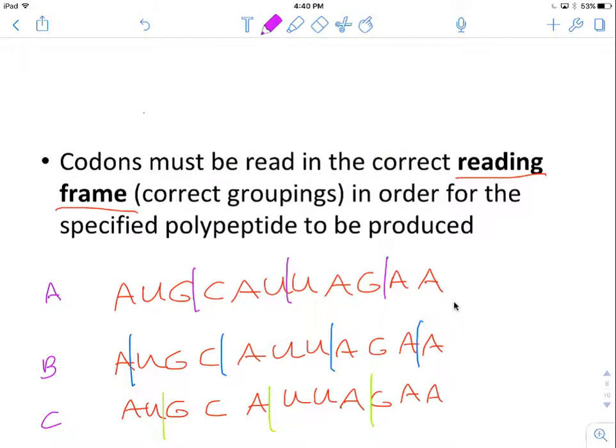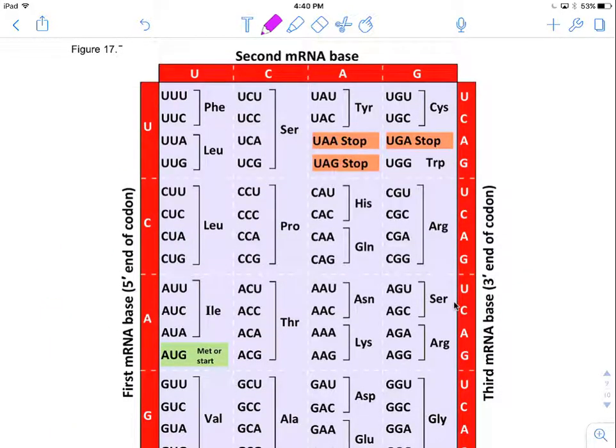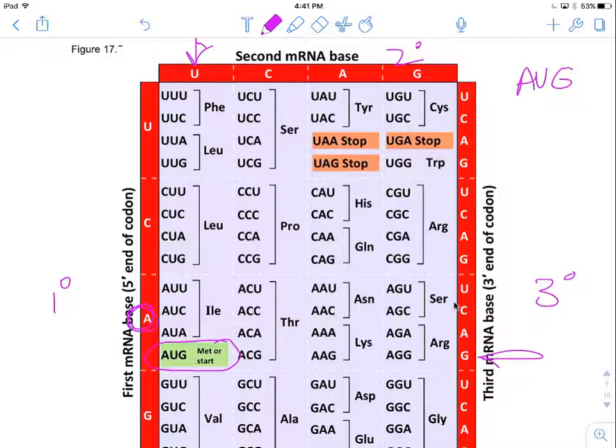So let's look at this first codon, AUG. If we go to our handy chart, our codon was AUG. Our first base is here, the second base is here, and the third base is here. For the first base, you look for an A, then U from this column, and then G from over here, and you'll see we get AUG. This codes for methionine.